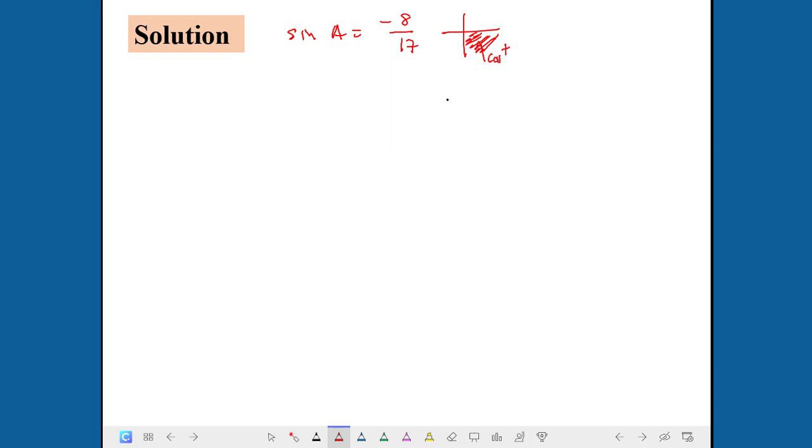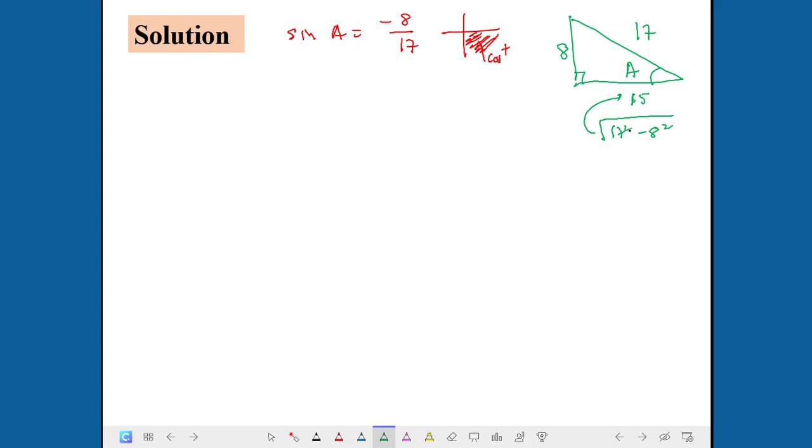Okay. So using the Pythagoras theorem, let's draw this triangle. This is angle A. Just take the positive one, sine is 8 over 17. So using the Pythagoras theorem, 17 squared minus 8 squared, and find the square root, you get the other side equal to 15.